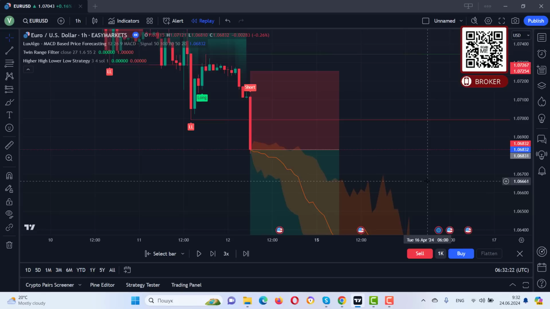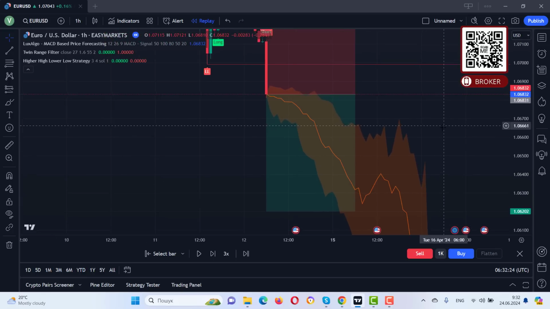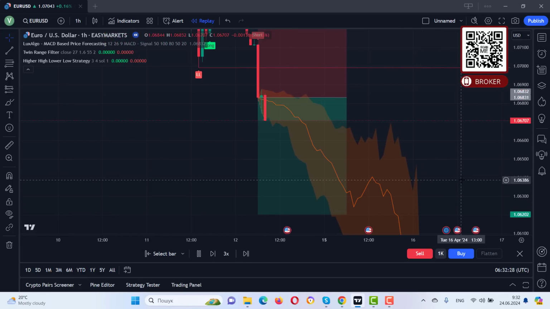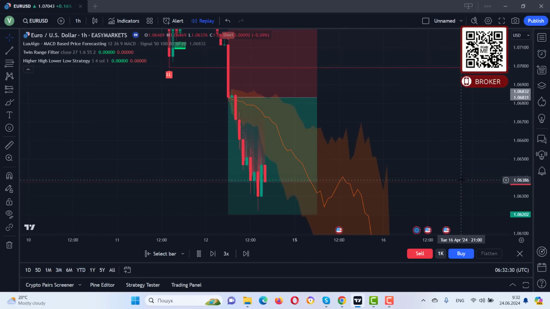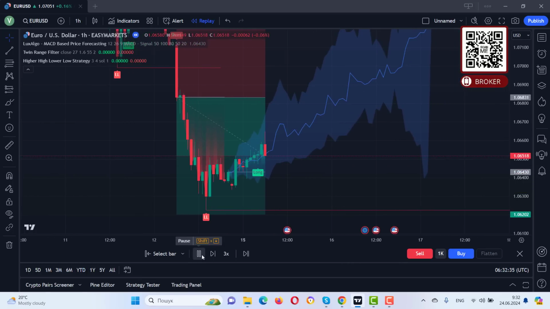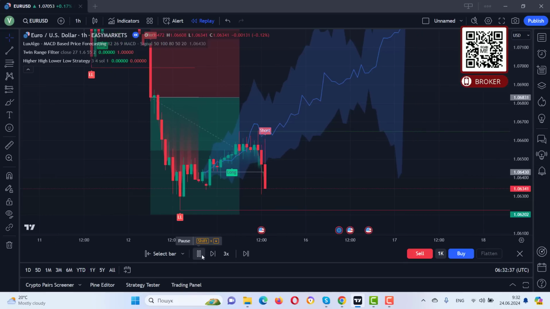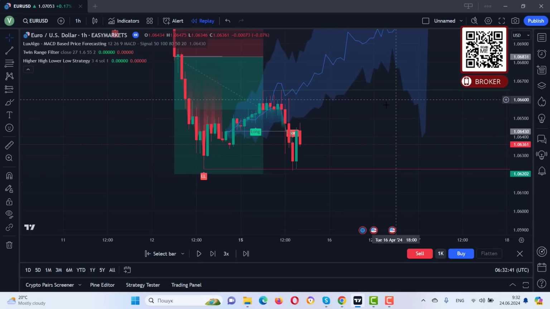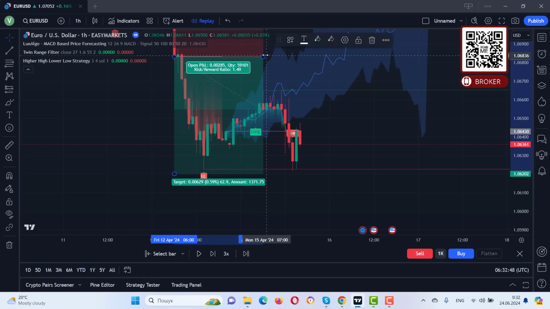Let's take a look. So, check the chart. If we look just a bit further, no, not even a little more, we've almost reached take profit.